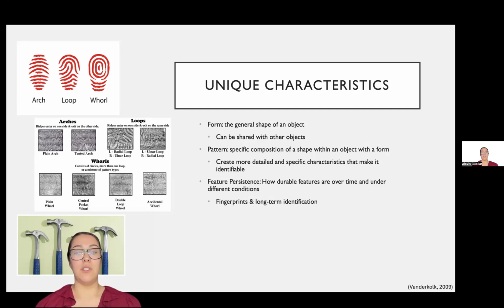But if the hammer was used after the crime and was worn down, it may be harder to make a match because the marks at the crime scene may not be as prominent. In the fingerprint example, the ridge patterns of an individual's fingerprints don't change over time, and that's what makes them ideal for long-term identification.